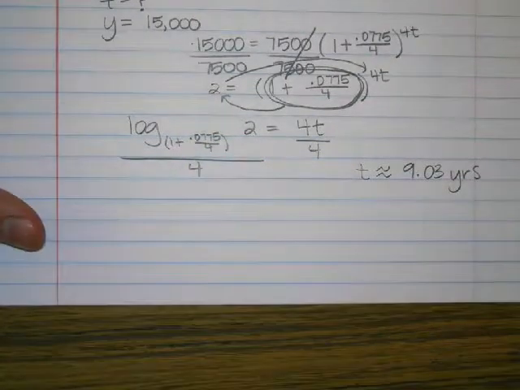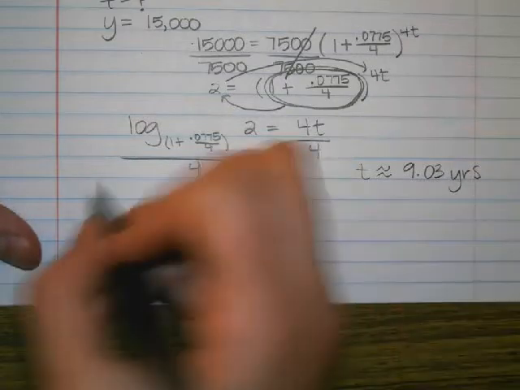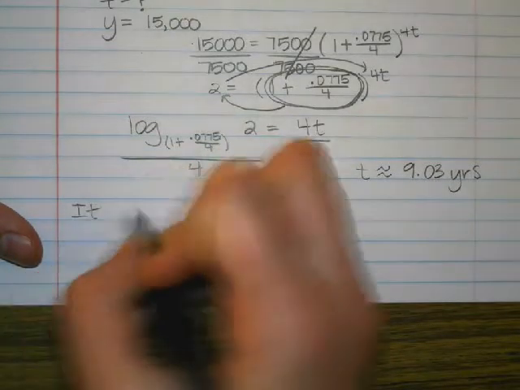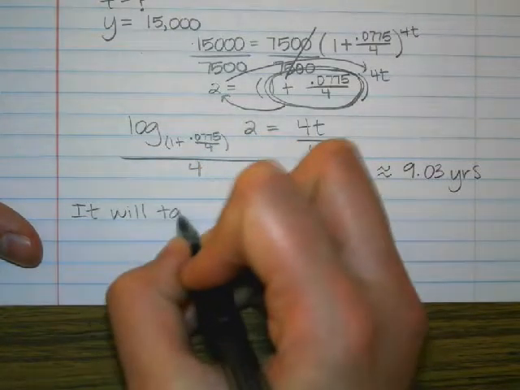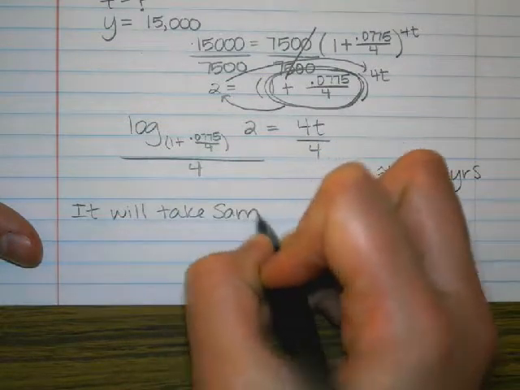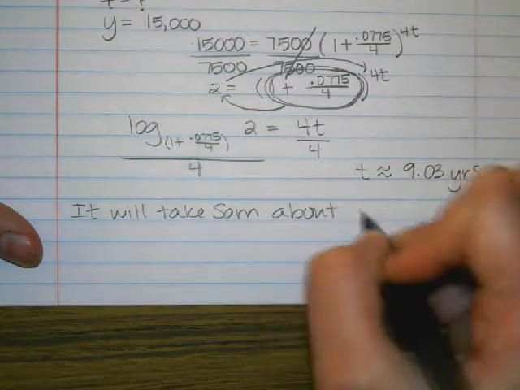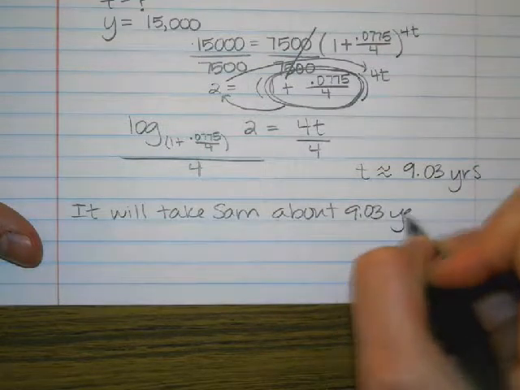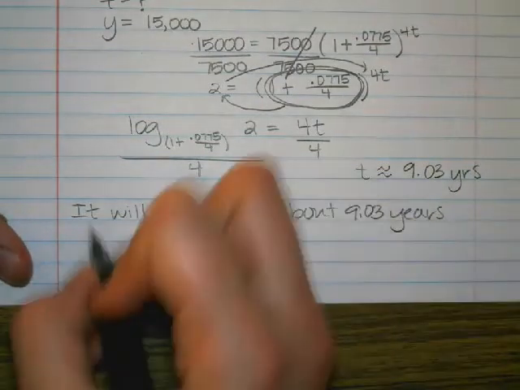So let's go ahead and write it as a sentence. It will take him about 9.03 years to double his investment.